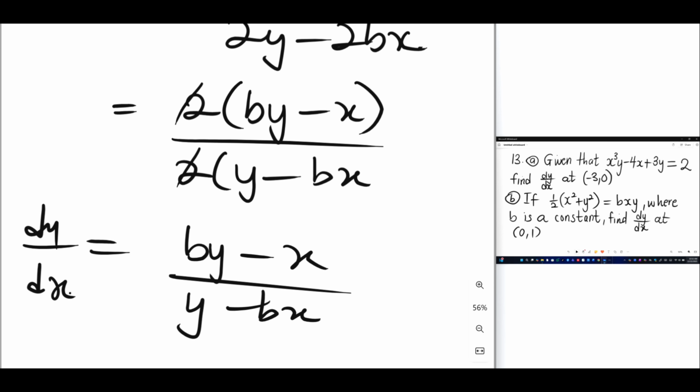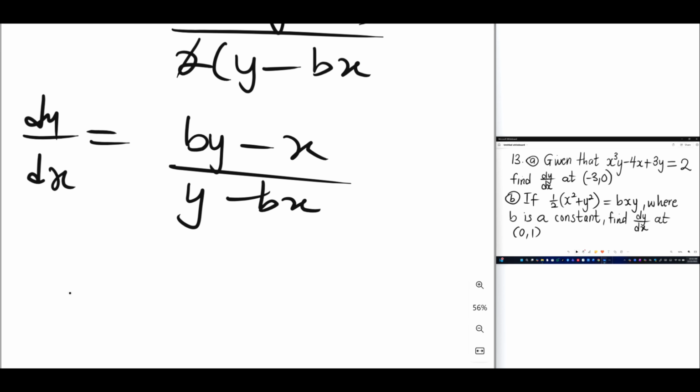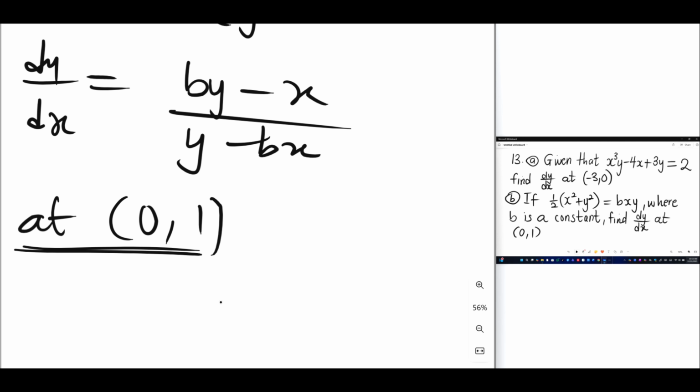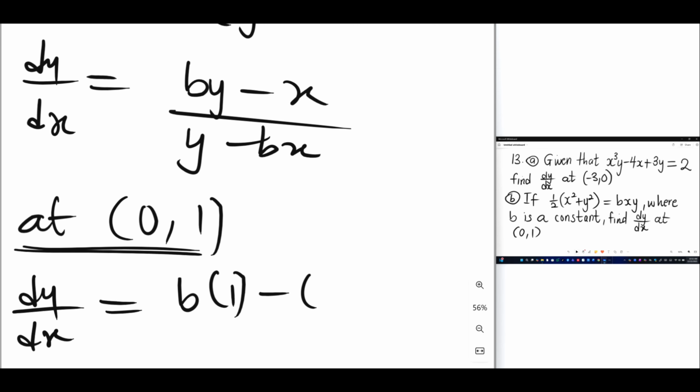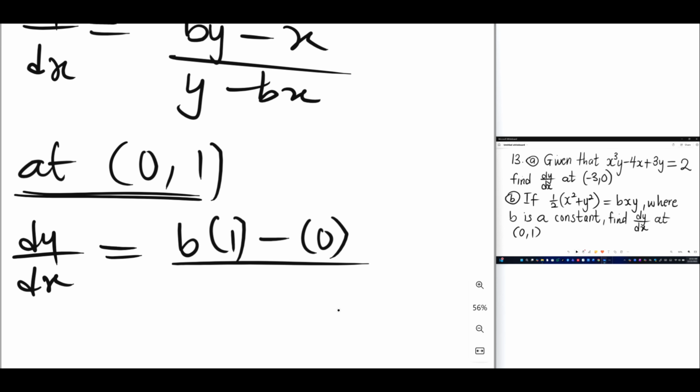Now we have to find the value of dy dx at a given point, with x coordinate of 0 and y coordinate of 1. So we need to substitute the x and the y component into the derivative. So we have b, the value of y is 1, minus x, which is 0, divided by y, and our y is 1, minus bx, where x is 0.